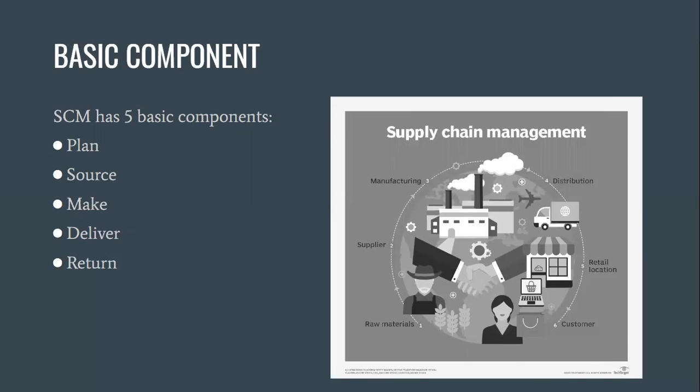And then make is manufacturing the product. And then deliver is delivering the product. And the last one is return. Supply chain managers have to make a responsive and flexible network for receiving the effective products. Supply chain management system is an inter-organizational information system.